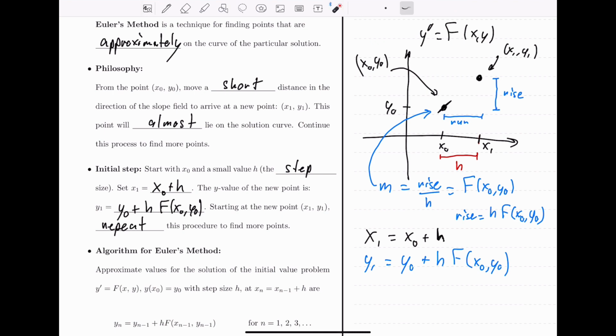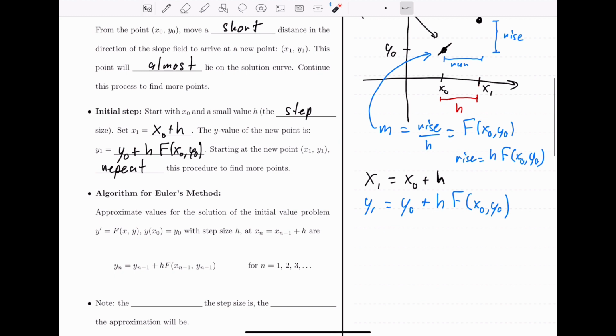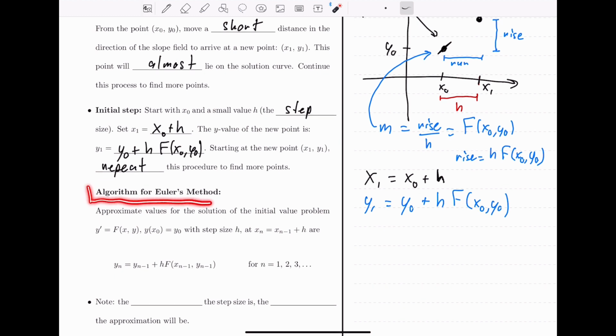So based off of this, we can write down an algorithm for Euler's method. And an algorithm here is just a step-by-step process for solving some problem. In this case, the algorithm gives us the points that we get from Euler's method. So approximate values for the solution of this initial value problem with some step size h. We take different x values, and the way to get the new x value is just to add the step size to the previous x value.